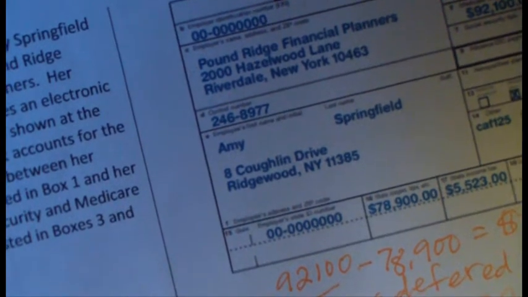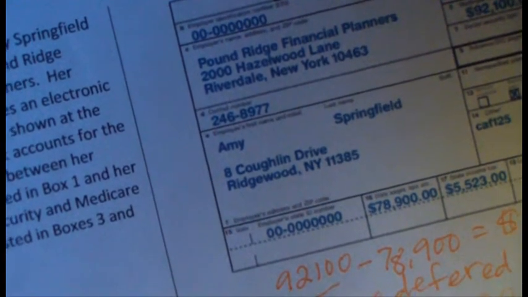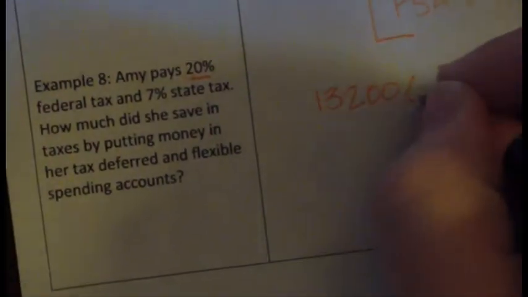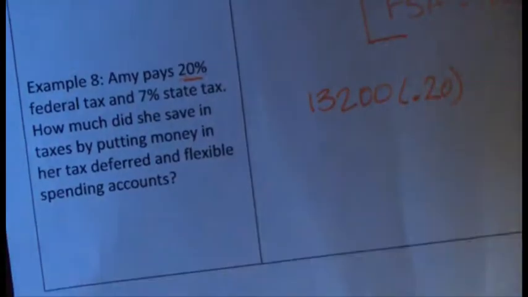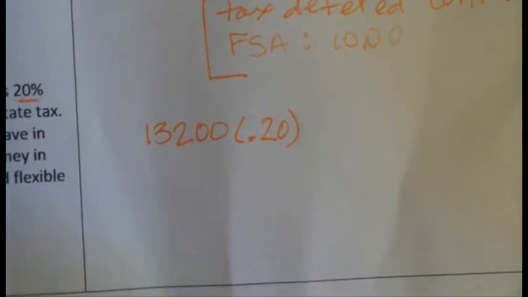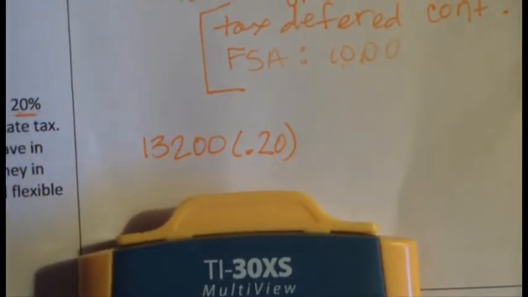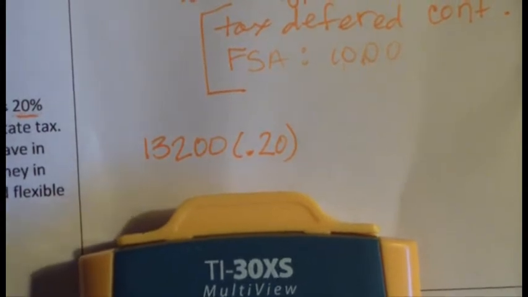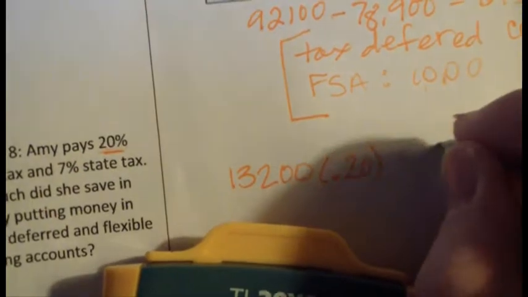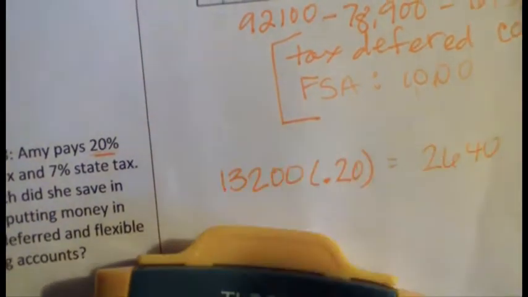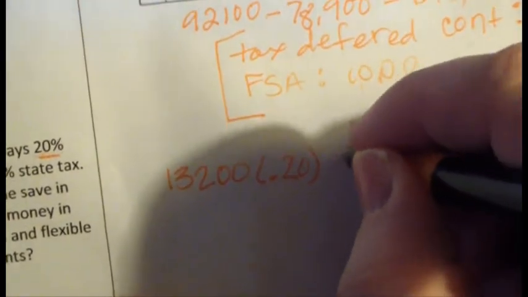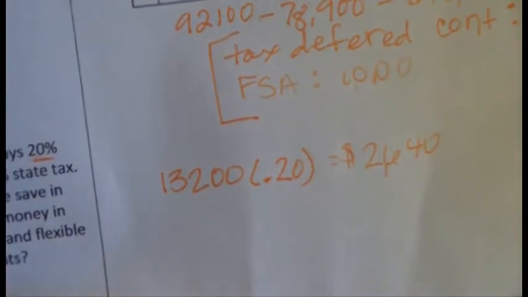If we know that she pays 20% on her federal taxes, let's figure out how much she would have paid for federal taxes on that. $13,200 times 0.20 is $2,640. So that's how much she saved in federal taxes.